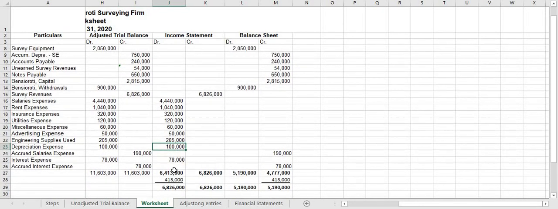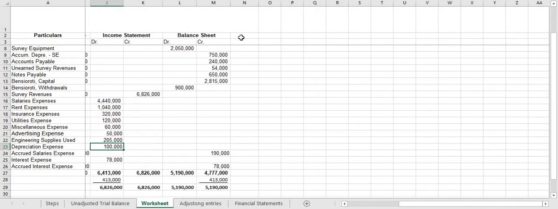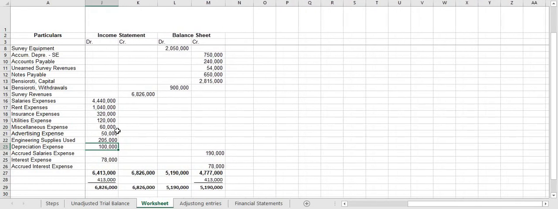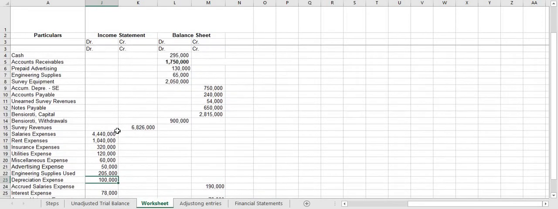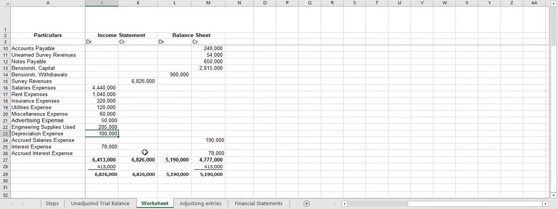After which, you put the debit and credit balances of your income statement as well as your balance sheet. In your income statement, if credit is greater than debit, it indicates profit.